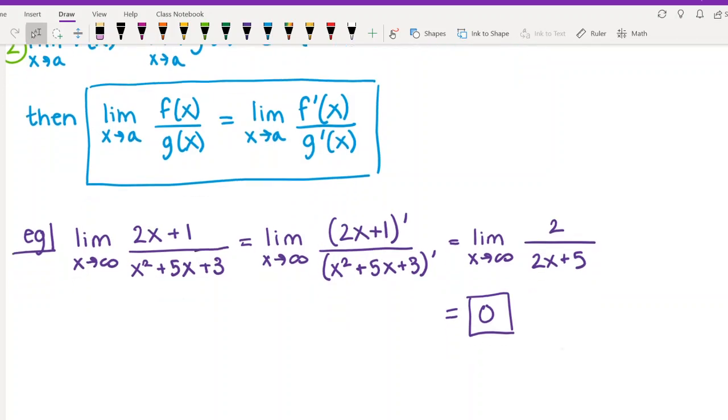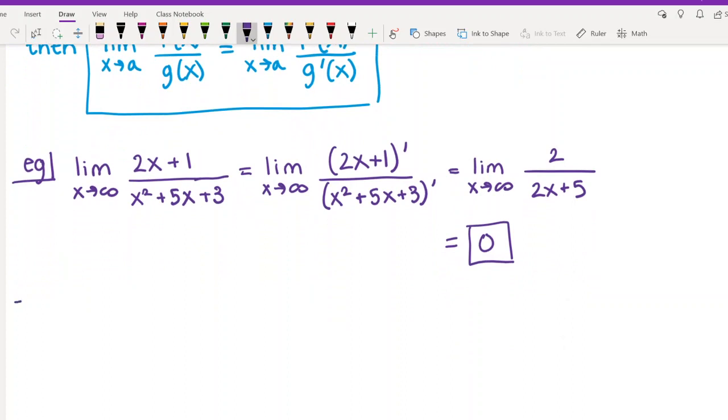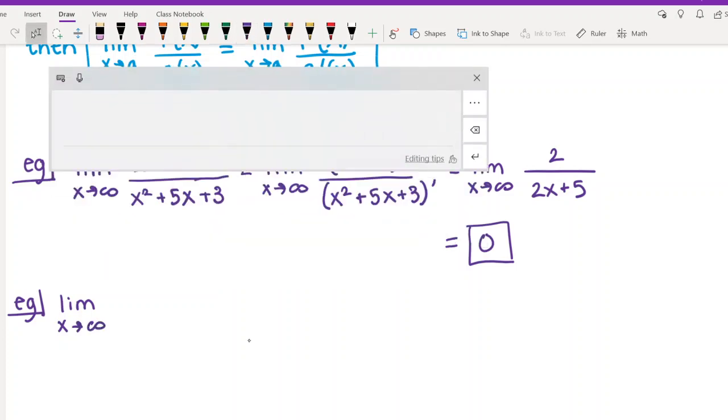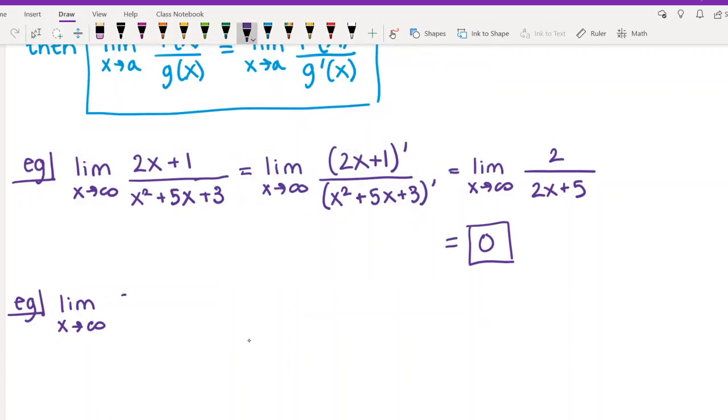But what's really nice about L'Hopital's rule is it allows us to take limits of things that we didn't know how to do before. Let's say we're trying to take the limit as x approaches infinity of e to the x over x. What might you guess for this?